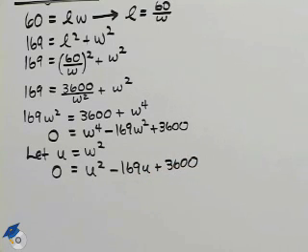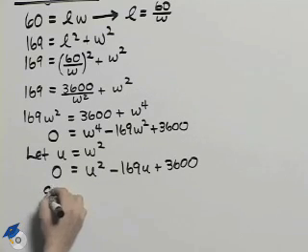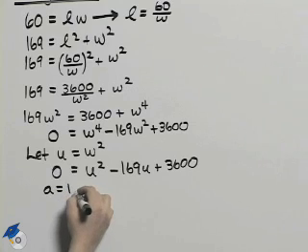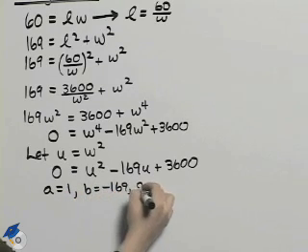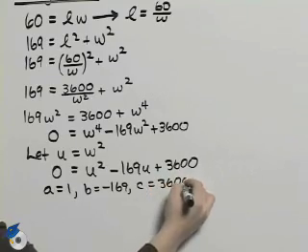This indeed is a quadratic equation, so I can use the quadratic formula to solve for U. In this case, A is 1, B is negative 169, and C is 3600.